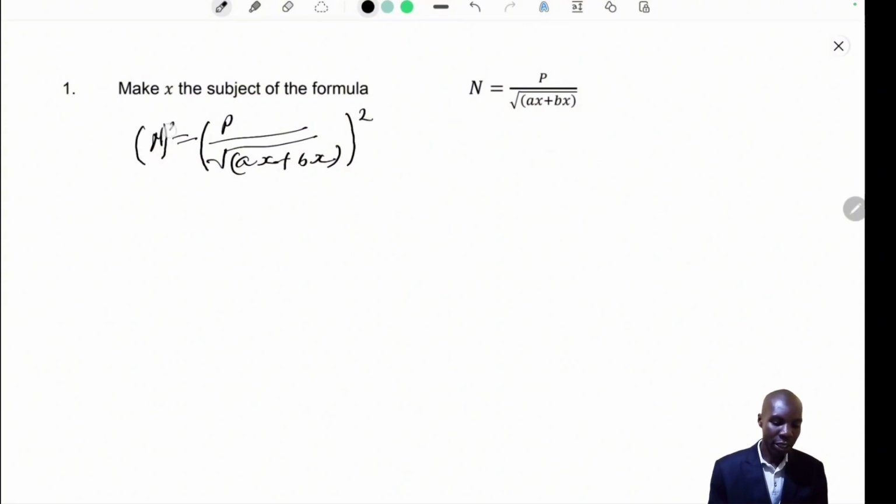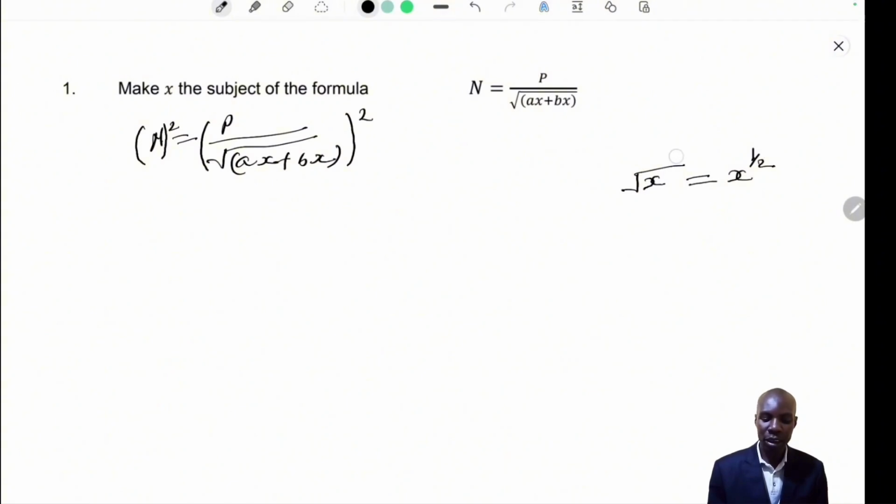We are squaring both sides because we want to do away with the square root in the denominator on the right hand side. You must know that the square root of x is the same as x to power a half. So if you want to do away with the square root of a given number, you can square that number.